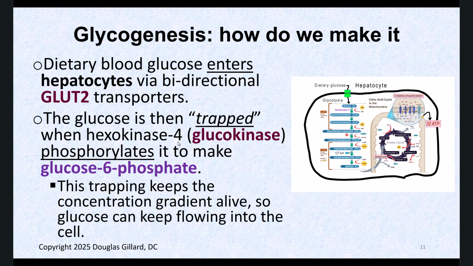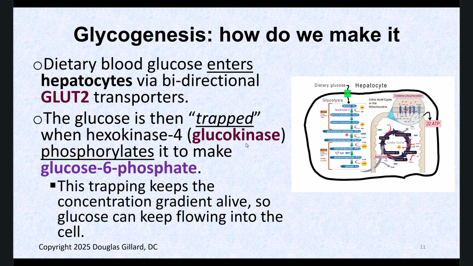I think there are really 6 hexokinases, but hexokinase 4 is also known as glucokinase, and we won't get into the energetics of that right now. It's probably getting a little too deep for a board review, but you do need to know that it's the GLUT2 transporter on the cell membrane that lets glucose in, and the trapping enzyme is hexokinase 4, aka glucokinase.